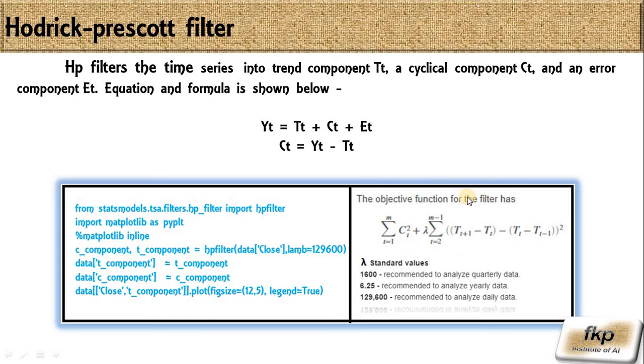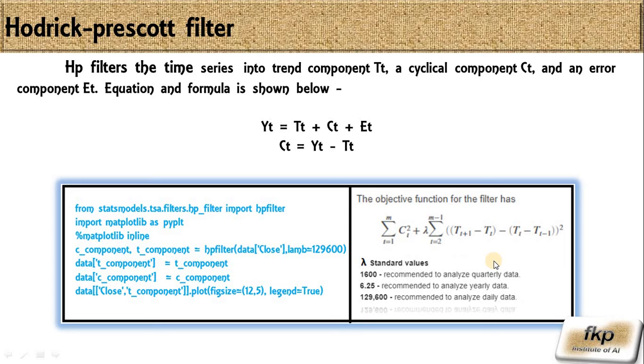An objective function is something which you try to minimize. When you minimize the value of this function with the value of the variable at a given time point, you will get the trend value and cyclic value out.